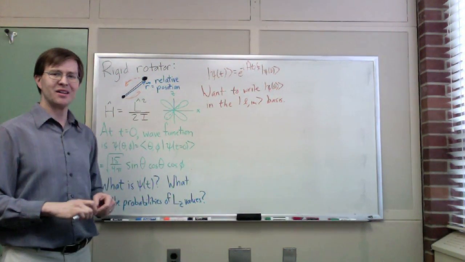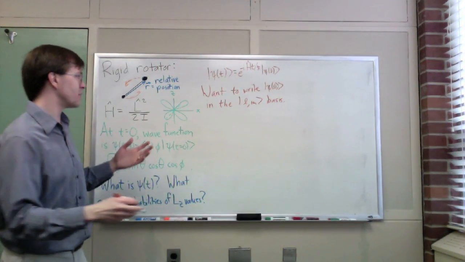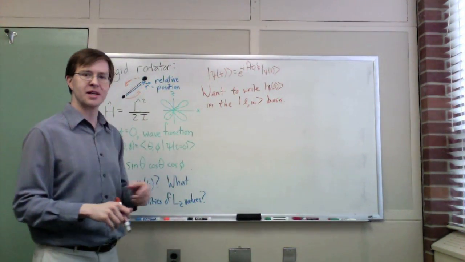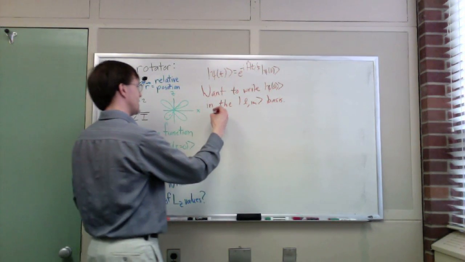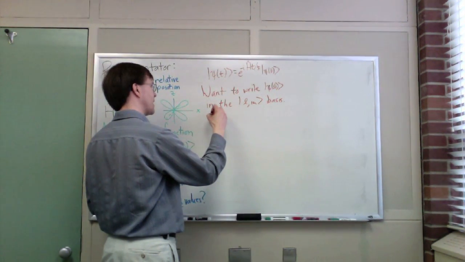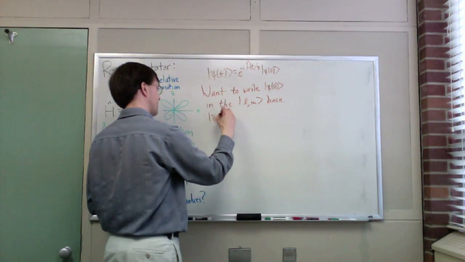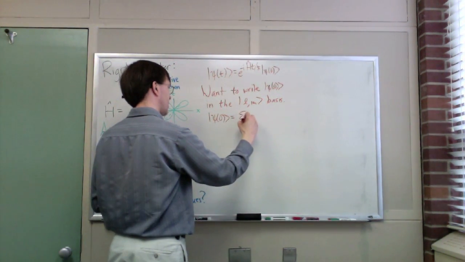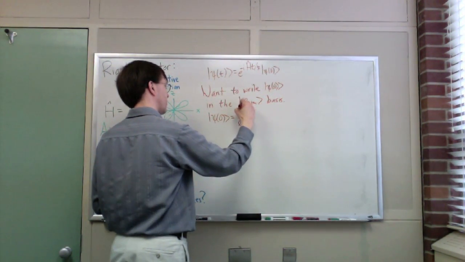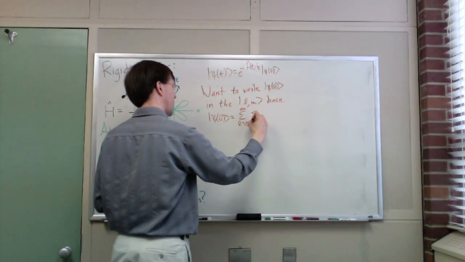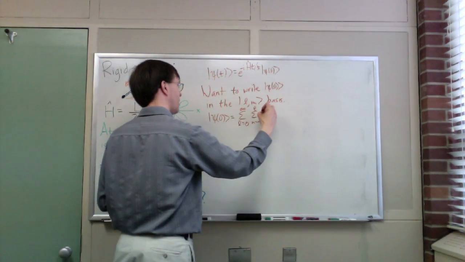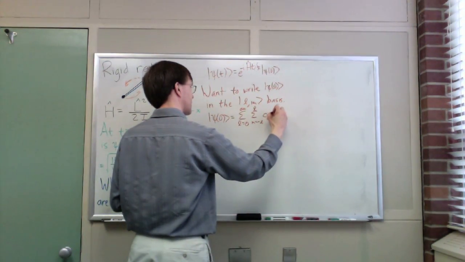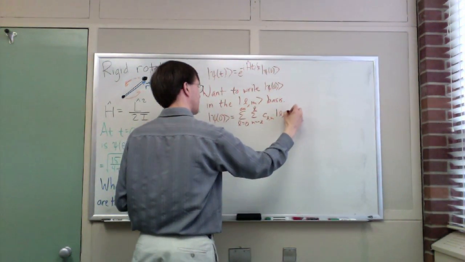And to do that, the statement is we want to write our state as a sum over all of those possible angular momentum eigenstates. So technically speaking, I could say we want to write psi at time equals 0 as a sum from L equals 0 to infinity, and a sum from m equals minus L to L of coefficient C_Lm times the Lm state.